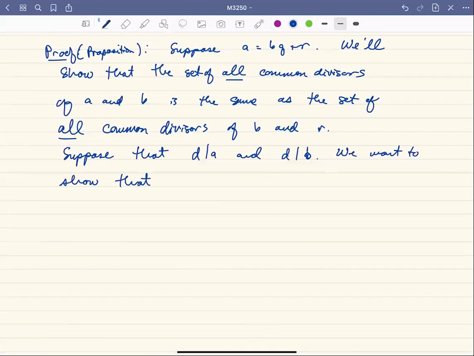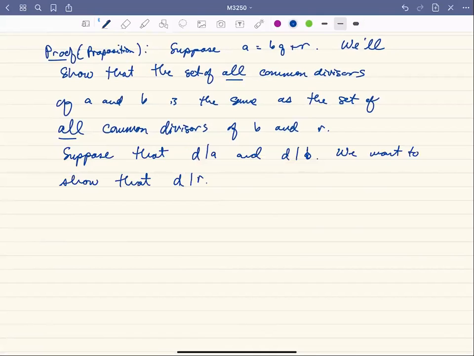that d divides r. This is true because, if you remember, one of the things that I harped on when we talked about division is that if d is a common divisor of a and b, then d divides every linear combination of a and b.